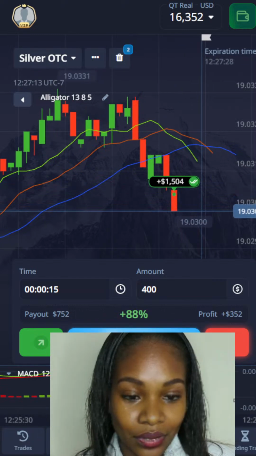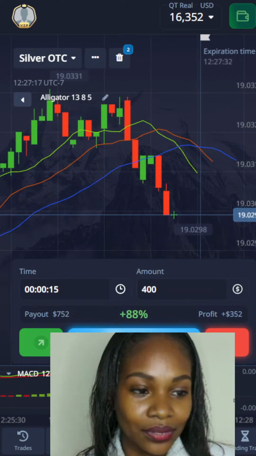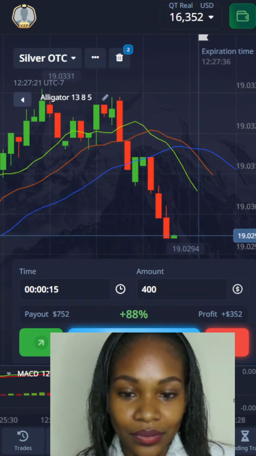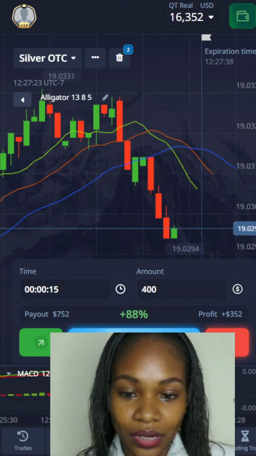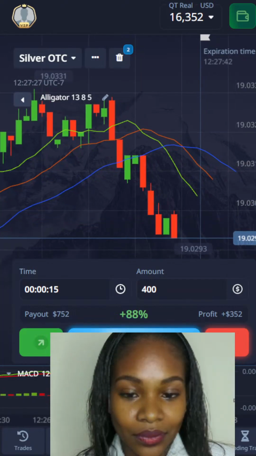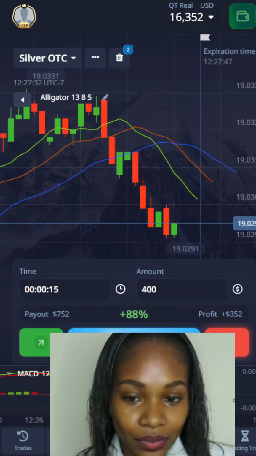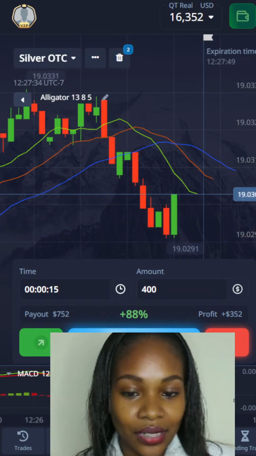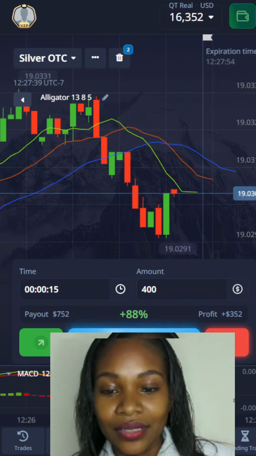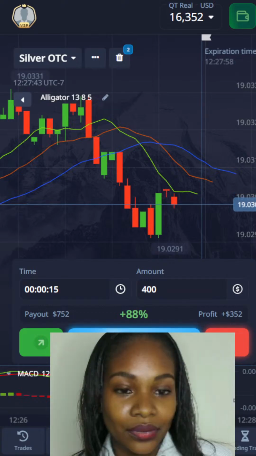That is the strong bullish candles, those that close at the top. Then we have the strong bearish candles, those that close at the bottom. We have engulfing candles. All these candles, you have to sit down, learn about them, and know what an engulfing candle simply means.